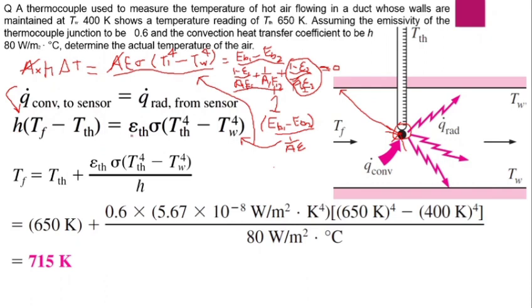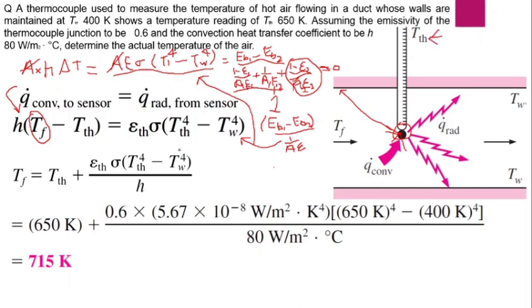h into delta T is equal to epsilon into sigma into T to the power 4 minus T wall to the power 4. And when we solve it, we find this TF. This TF is nothing but the real actual temperature of the air, right? So what is happening here? Temperature of air is different, and this thermocouple is reading a different temperature.